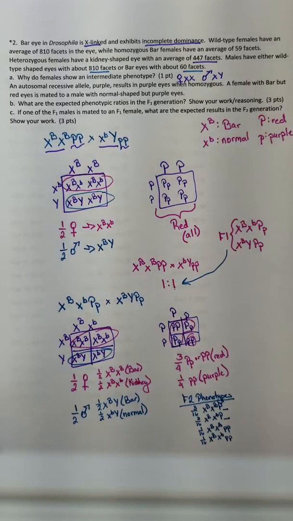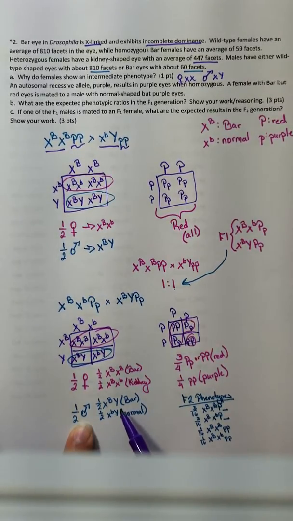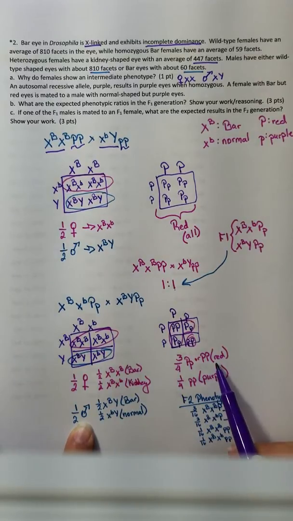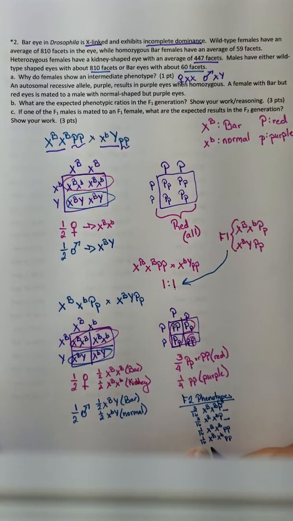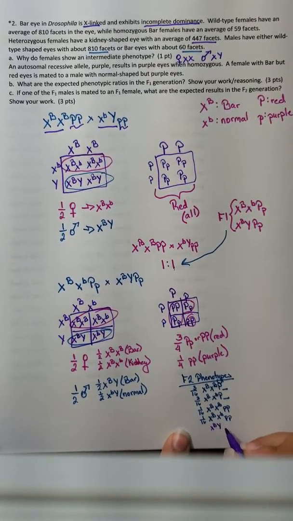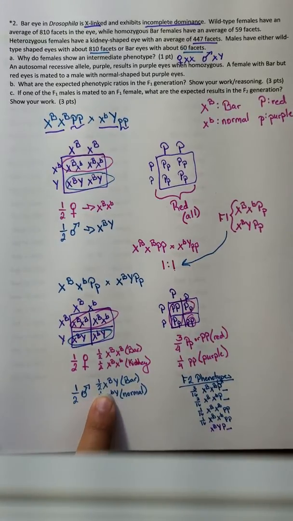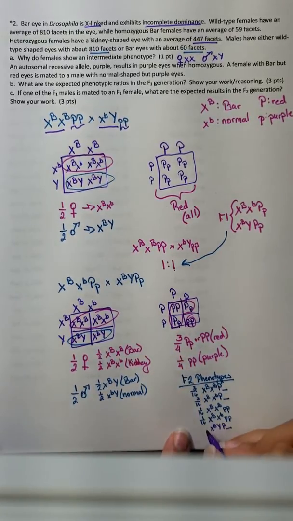Now let's do our males, which is the same thing. So you want a male who has the bar-shaped eyes, but they're red, okay? So a male with bar who has red eyes, like that. A half times 3/4 is 3/16.